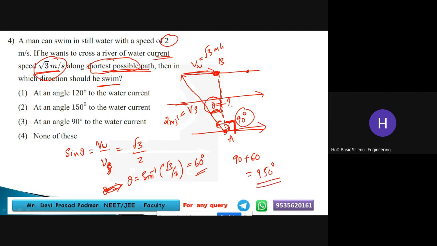Is there 150? Yes, it is here: at an angle 150 degree to the water current. The water current is in the downward direction, so he has to swim by making an angle of 150 degree. Got it? Yes.